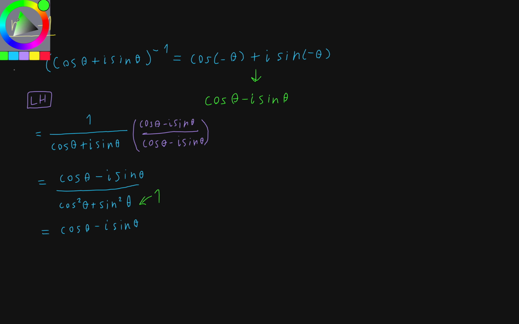So we get that this also works for negative numbers. All you have to do is just factor out the negative here due to cosine being even. It's going to stay there, and then sine is odd, so it's just going to come out.